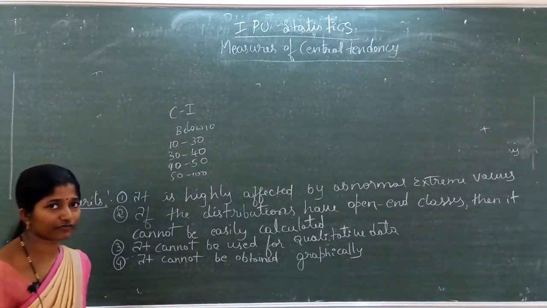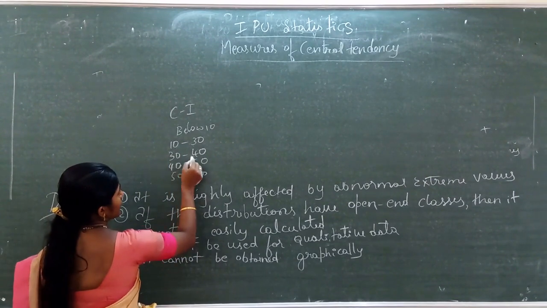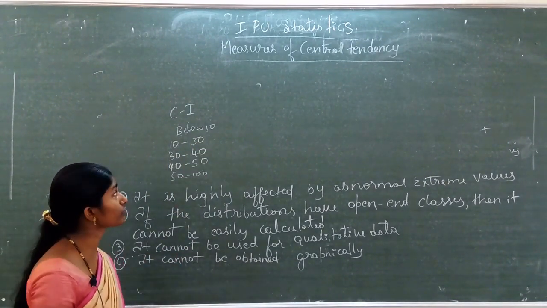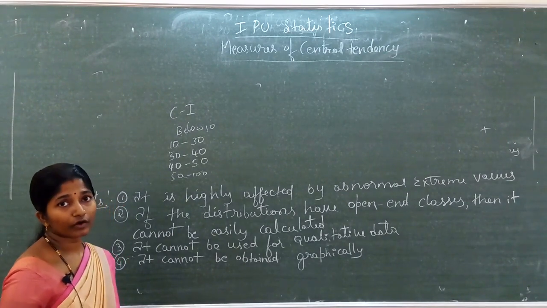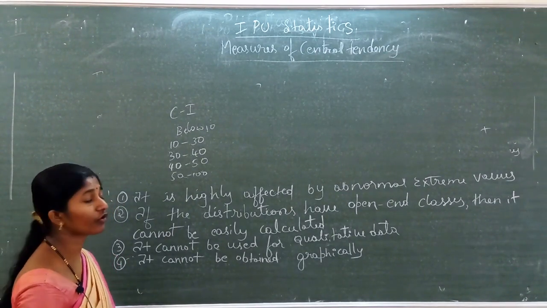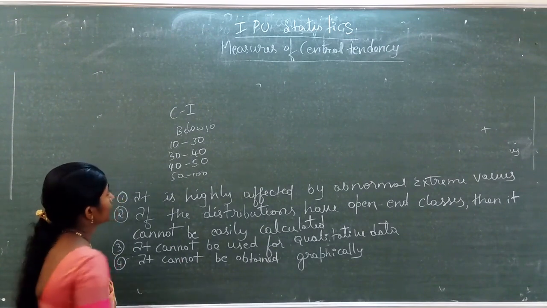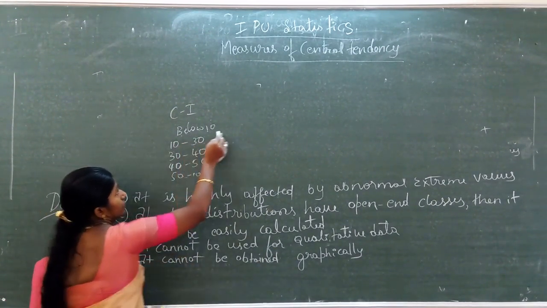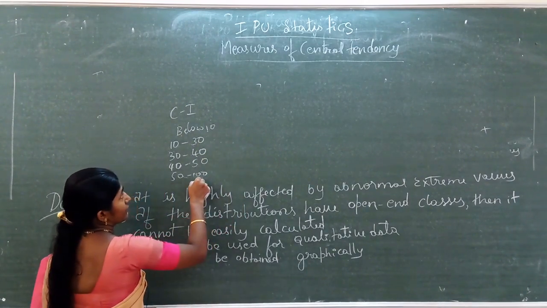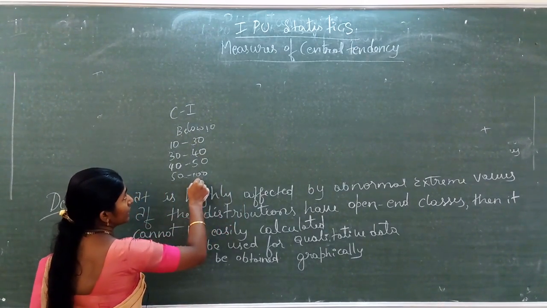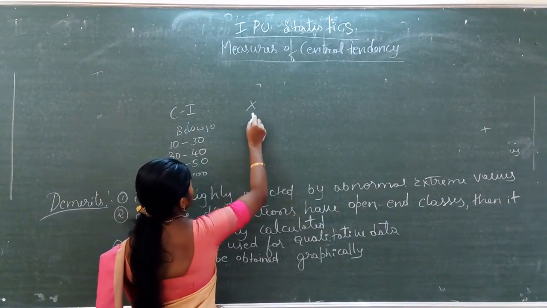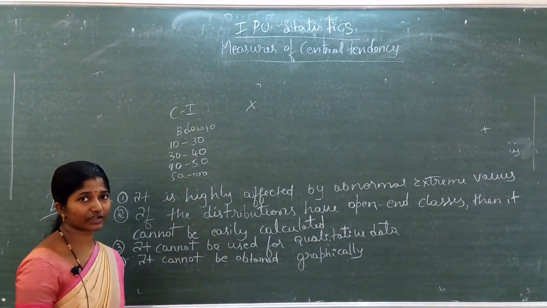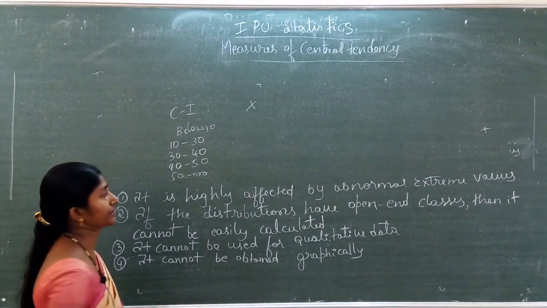If they are given like this, the differences are not the same. At that time we cannot take the value of the first one, below 10. Below 10 means where do we start, from 0 or a minus value? We don't know, or 5 to 10. Therefore if the data is given this way, that is an open-end distribution, we cannot find the midpoint. Therefore if an open-end distribution is given, we cannot calculate.